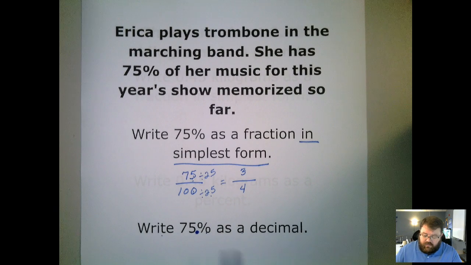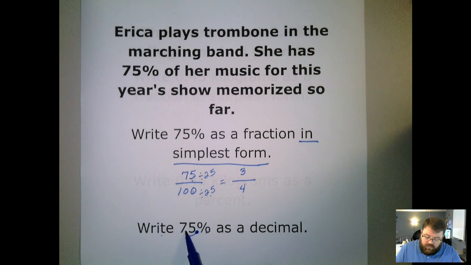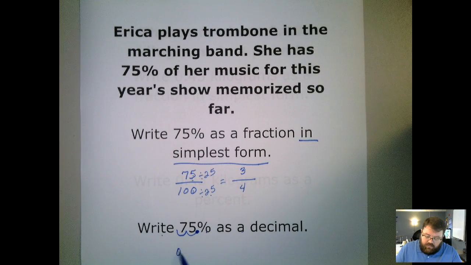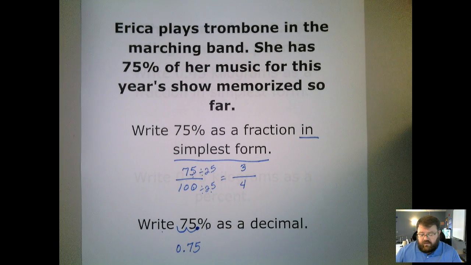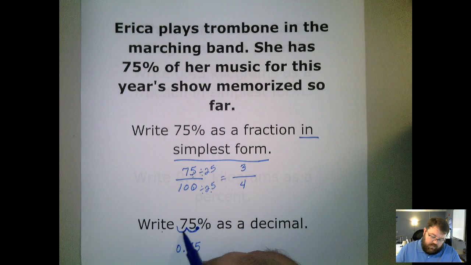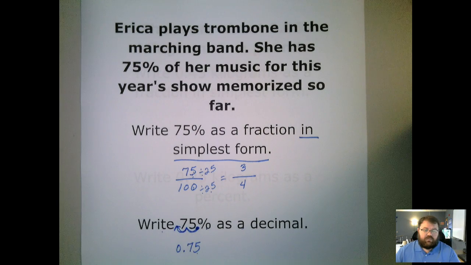And to move a decimal, just move it 2 places to the left, and that's going to give you 0.75. Now, the way that we say this is 75 hundredths. So to move a percent to a decimal, you move it 2 places to the left.